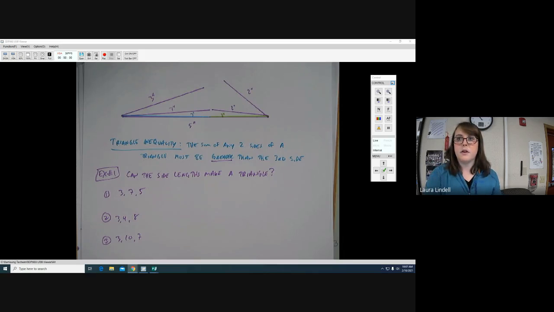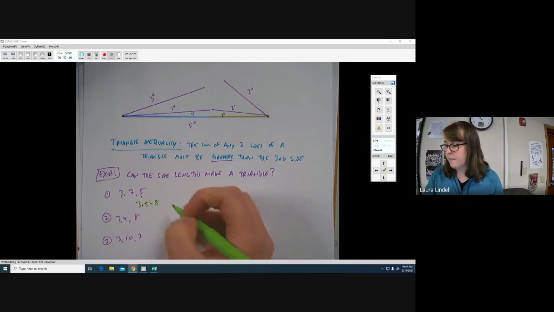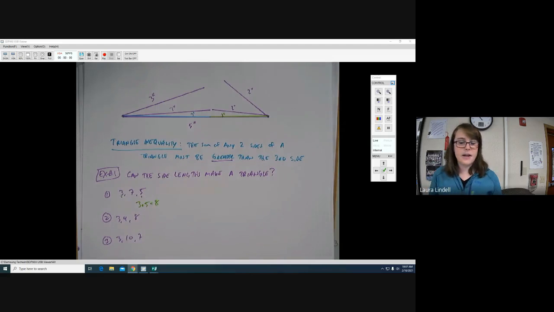Okay, so for this first one, really what you need to check, again, is that the two smallest add up to be more than the biggest. So the two smallest are 3 and 5. So I would add 3 plus 5 to get 8. Is that bigger than my third side?